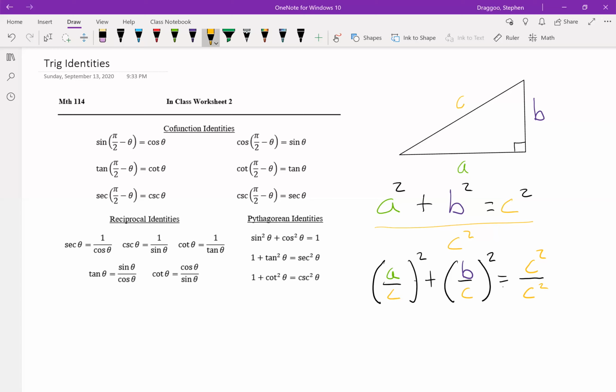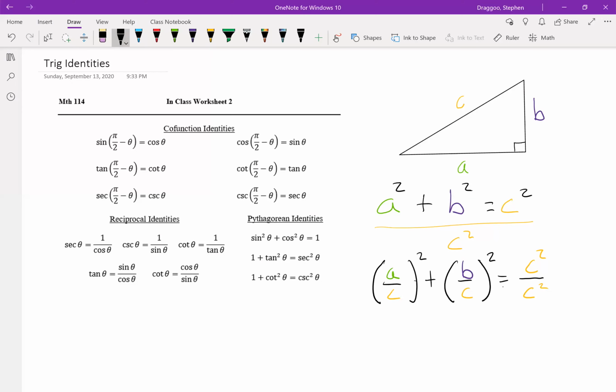Now, each of a and b, regardless of which angle I want to talk about within this triangle, one of those must be the adjacent side while the other is the opposite side. It doesn't particularly matter which, just as long as I know that one is adjacent and the other is opposite, which means if I have a over c and b over c, one of those is the opposite over the hypotenuse, and the other is the adjacent over the hypotenuse.